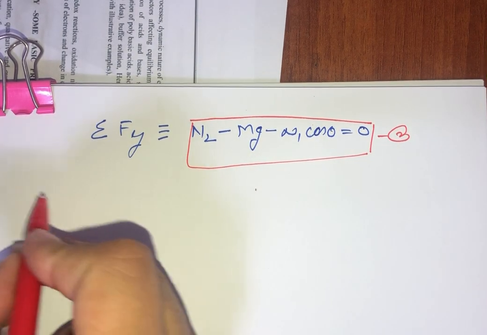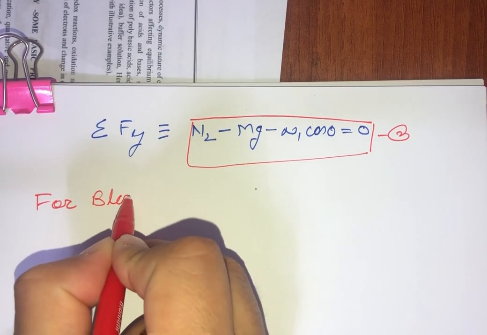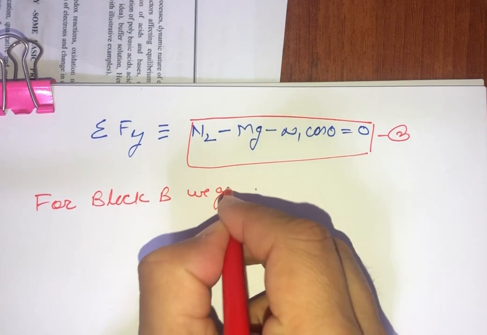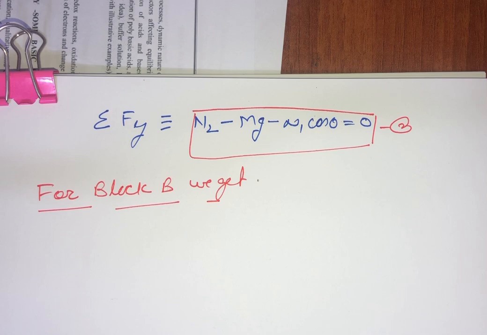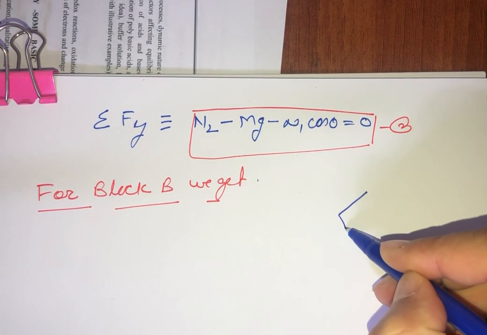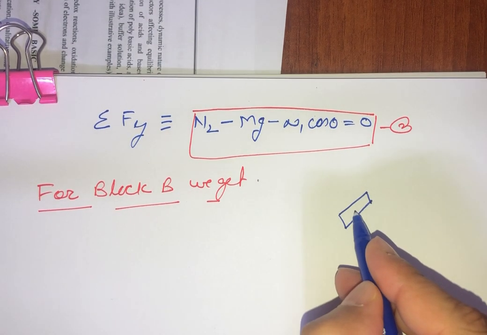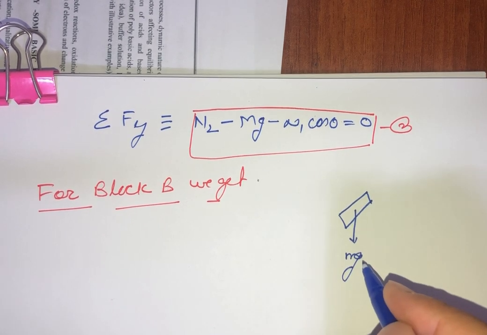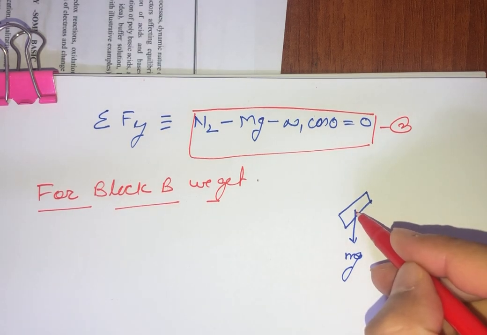Now we write for block B. Let us draw the free body diagram for the block B. We have said its mass is small m, so we have mg, and we can divide it into components.